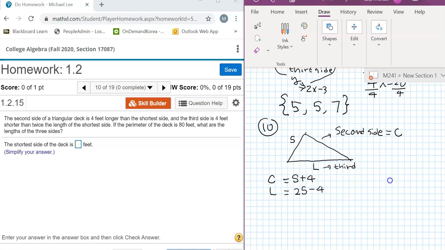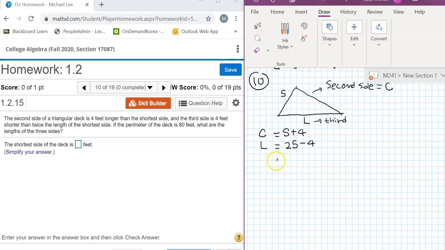And then perimeter means we add them all: S plus C plus L, which is S plus S plus 4 plus 2S minus 4. That is equal to 80.